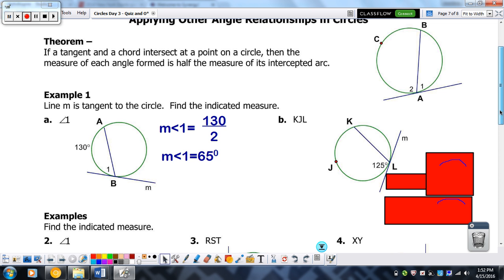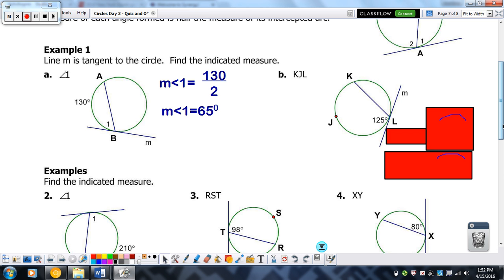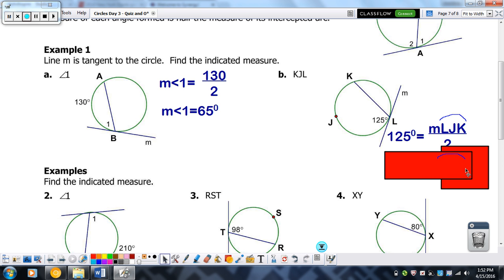Here's another example. This one's opposite. We're given the angle measurement of 125 degrees, and we need to figure out the measure of arc KJL. So if we look over here, instead of saying the measure of angle 1, we have 125 degrees is equal to the measure of arc LJK divided by 2, because the angle is half of the arc.